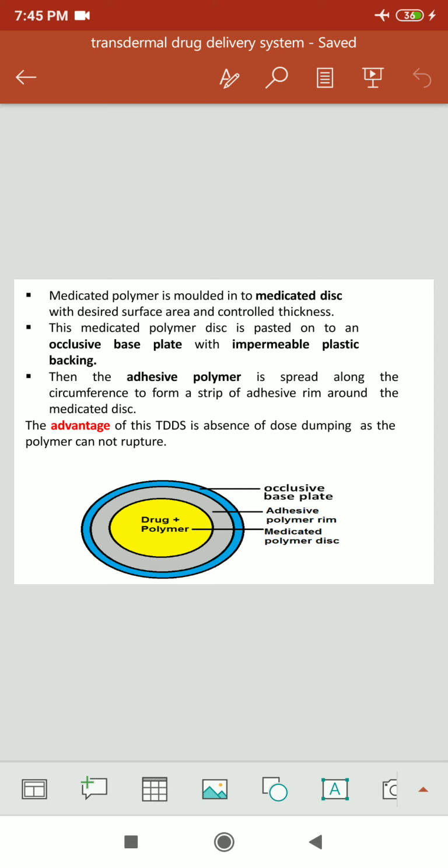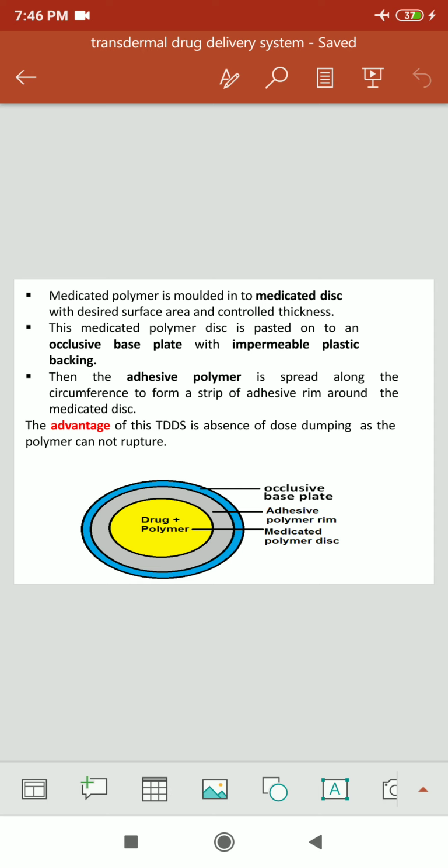Now the medicated polymer is molded into a medicated disc of the desired surface area. This polymer disc is pasted on an occlusive base plate with an impermeable plastic backing. First we prepare the medicated polymer disc, which is drug plus polymer. Then we apply the impermeable plastic, or adhesive polymeric membrane, and then again we apply the base plate.